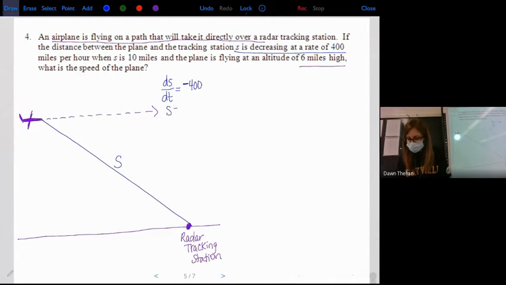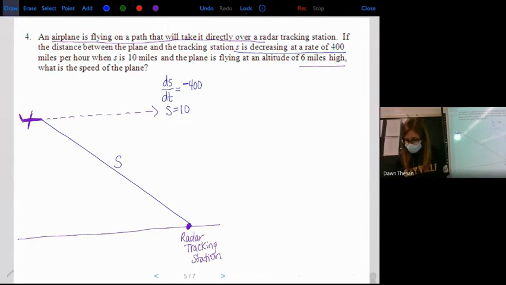Now, let's think about S for a second. As the plane continues to fly, is S staying constant or is it changing? Changing. So S is changing. So I don't want to plug in S until I get a related rates equation. That S is part of my snapshot when I'm trying to analyze.